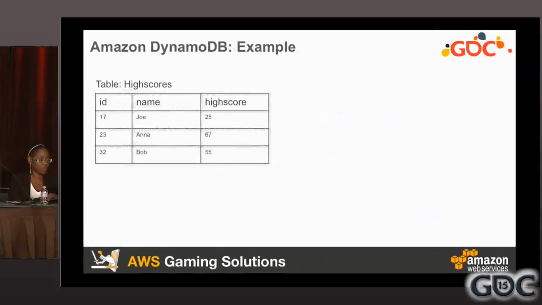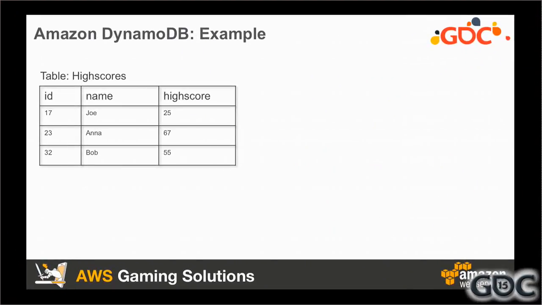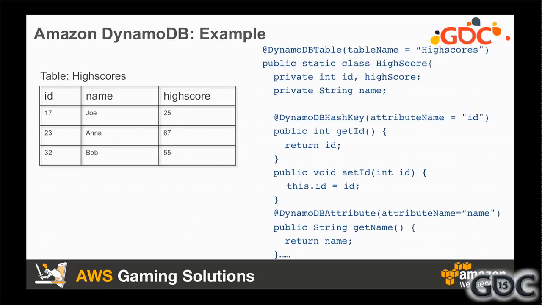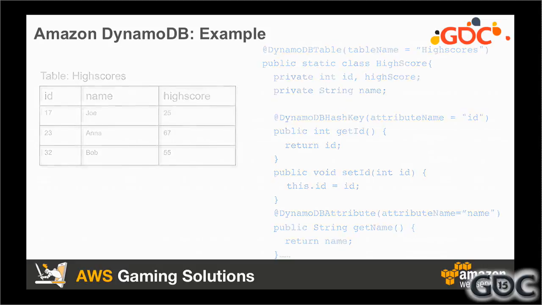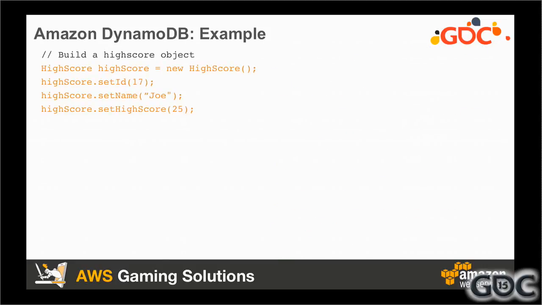So in this case, we have a high scores table with the user ID, the username, and their high score, and you map that to a class. So the annotations map that class to the table. You create getter and setter methods. You have those annotations, and then you can just get started. So in this case, you build a new high score object. You populate it with data, and then you just call mapper.save.